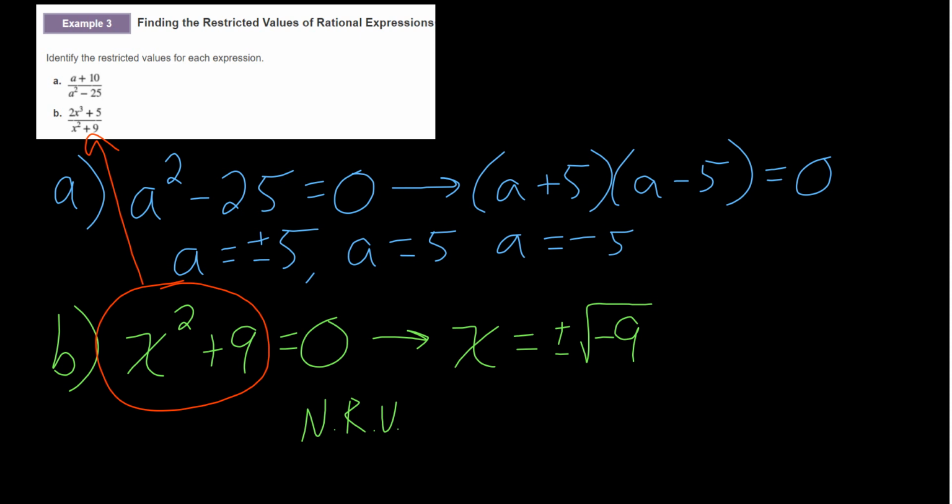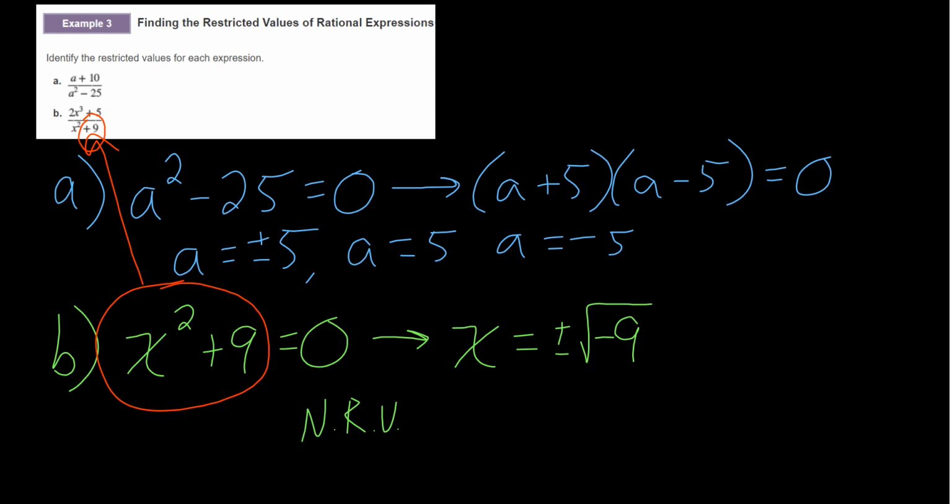let's think about it. If you square any number greater than 0, it's a positive number. Any number less than 0 is also a positive number, because negative 2 squared is a positive 4, negative 3 squared is a positive 9. So you're going to be getting a positive number. You take a positive number and add a positive number to it, it's going to be a positive number.